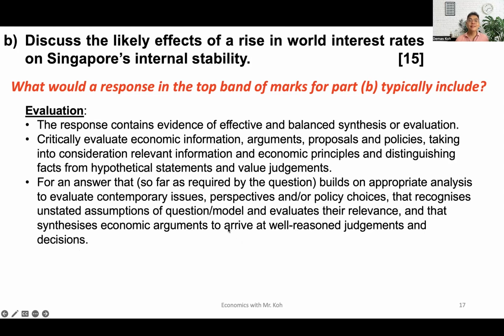Or it may synthesize economic arguments to arrive at well-reasoned judgments and decisions. So the evaluation component is actually not present in part A of this question. You're not expected to evaluate for part A, but for part B, it's a requirement.